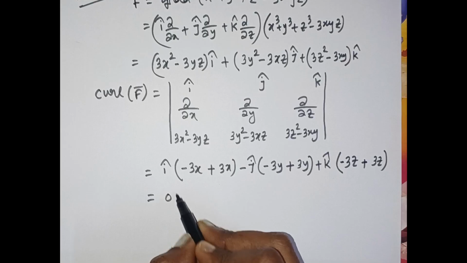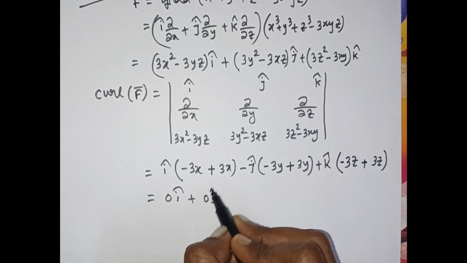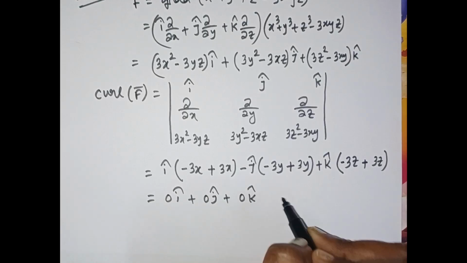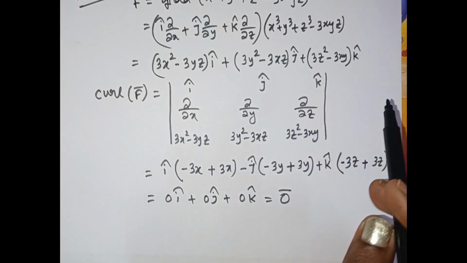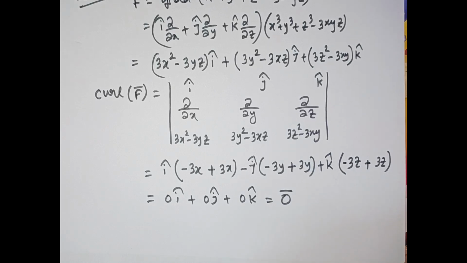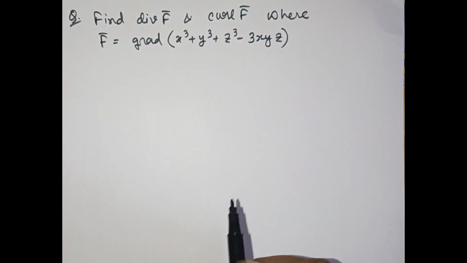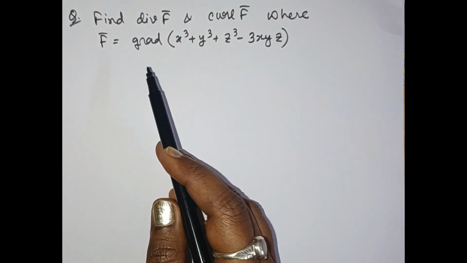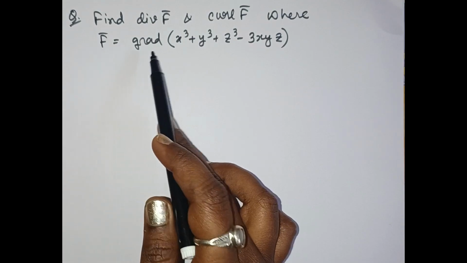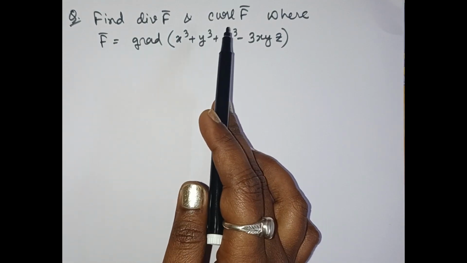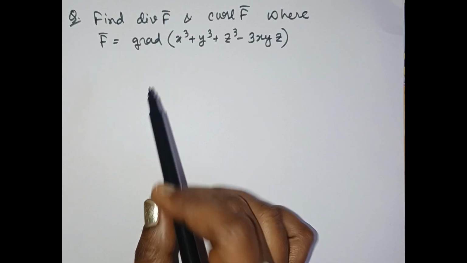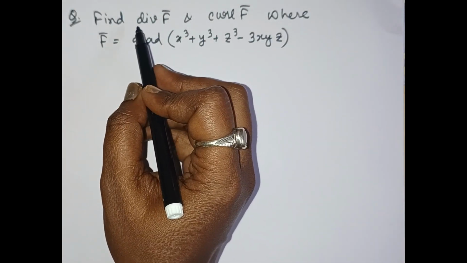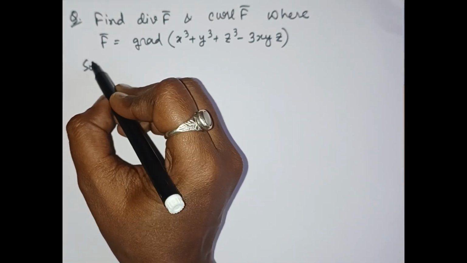That is 0i plus 0j plus 0k, which is the 0 vector. Also, like the previous note, curl of grad of any function is always the 0 vector. So previously we already saw that if F is grad of this function, then curl of F will be 0. You can check that. Now we have to find out the divergence of F. So let's start the solution.